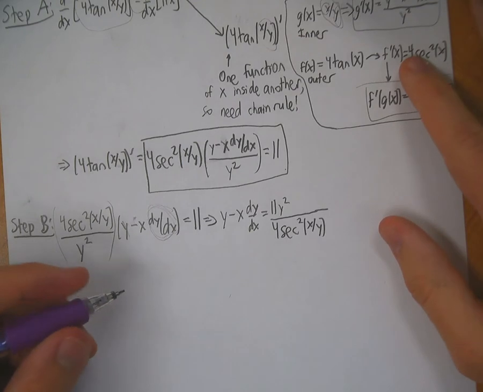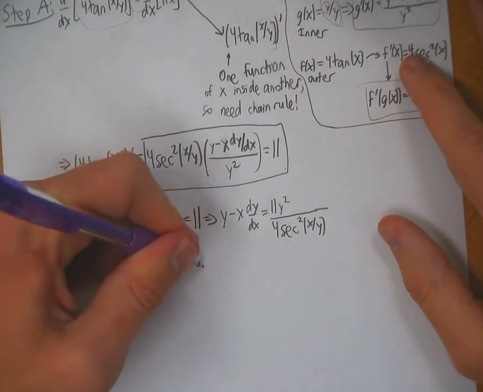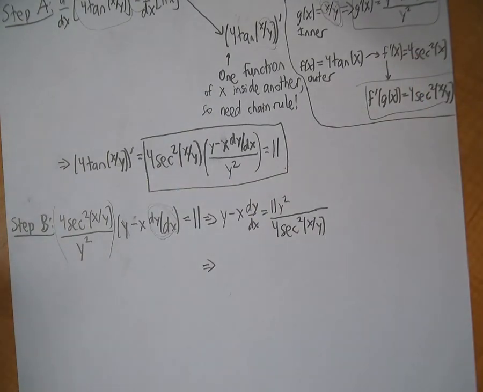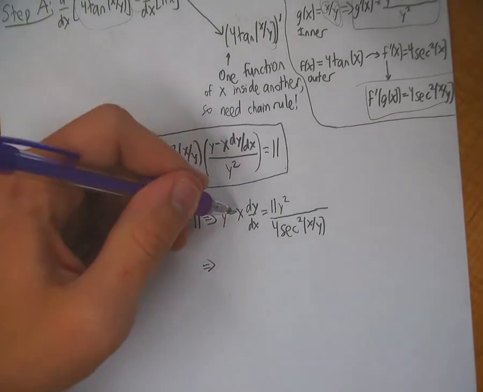Okay, so that's a step closer to what we need. So what will be the next step from this? What would be a good next step? Would you then divide by y minus x to get dy dx by itself?